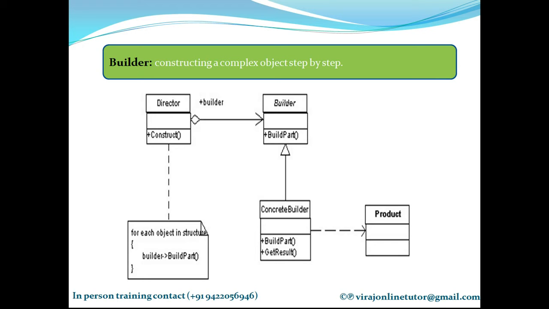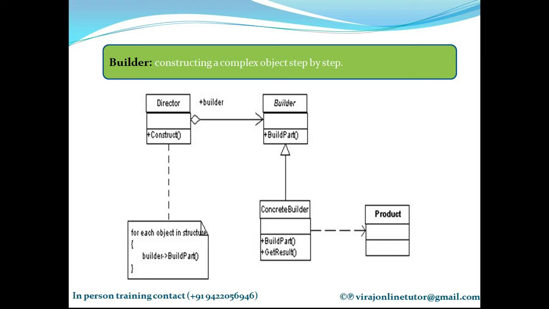So if I have a complex object to be created, just divide the object creation into a series of small steps and use the builder design pattern to construct that complex object by following a series of steps. So the forte of the builder design pattern is constructing a complex object step by step.